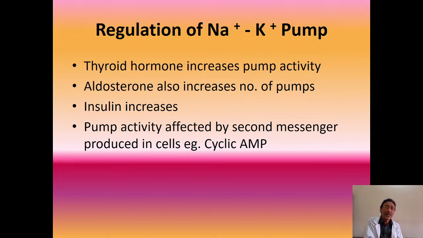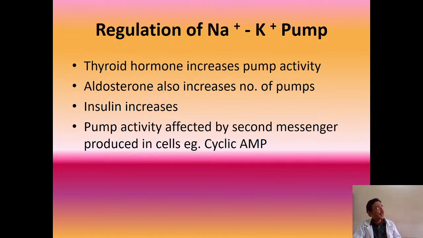Now, apart from this, there are certain other transporters where active transport takes place. One, as I told you, is the sodium potassium pump. Then you have the calcium ATPase pump. You have the hydrogen potassium pump, which is in the stomach and in the kidneys.